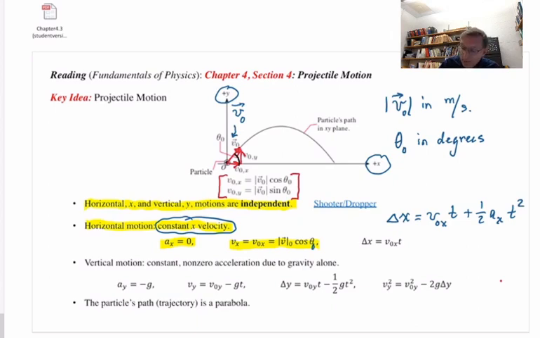But drop the term with 1/2 a sub x t squared, because a sub x equals 0. And all you're left with is the very simple formula that to calculate the change in the x coordinate of a projectile during its motion, just take its constant x velocity times the time. And you're done with the horizontal motion. That's all there is to know.